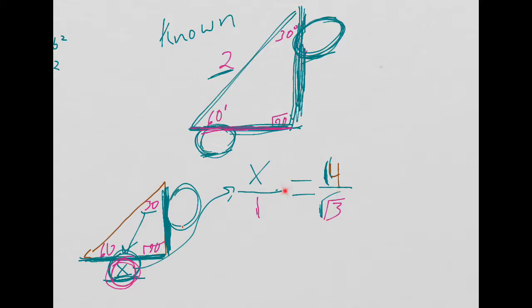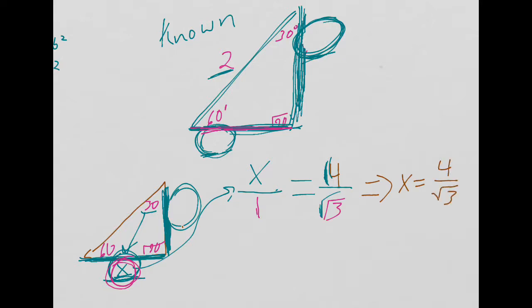Look on the bottom here, my 1 and my root 3. Where do those numbers come from? They come from my known triangle. Alright? So, we set this up. Now we have x, basically x equals 4 over the square root of 3.